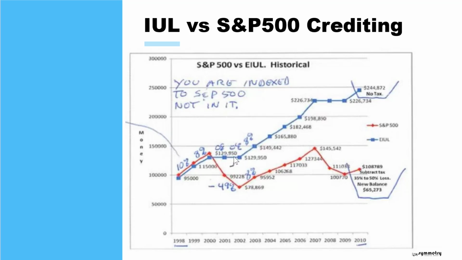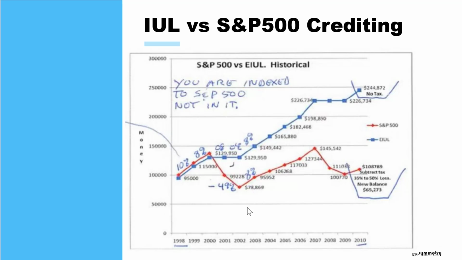All right, so then let's look at the blue line. The blue line is our index universal life policy that is indexed to the S&P 500 but not in it. Here we see it goes up exactly the same as the S&P 500, 10%, 8%. Then in 2000, when we had that market decline, the IUL does not go down. It stays at 0% and 0%.